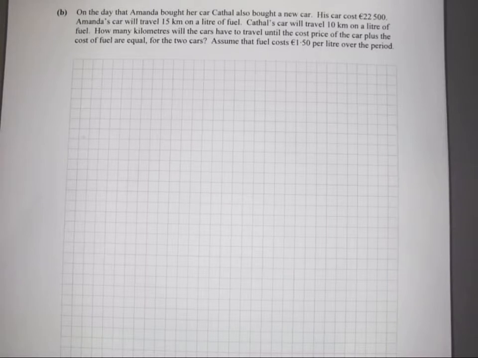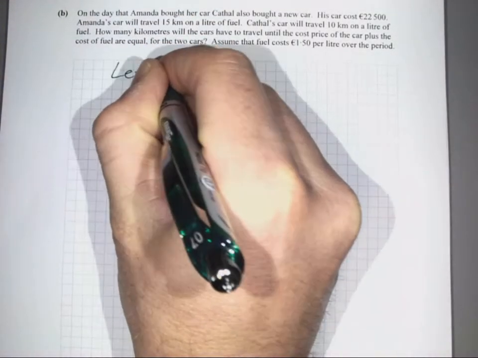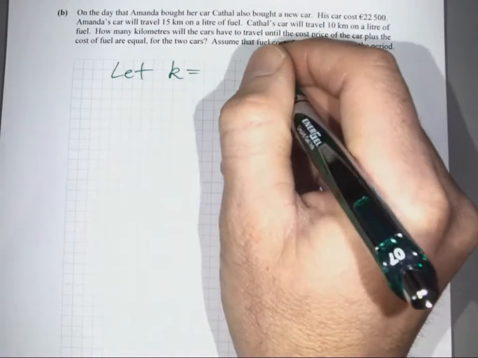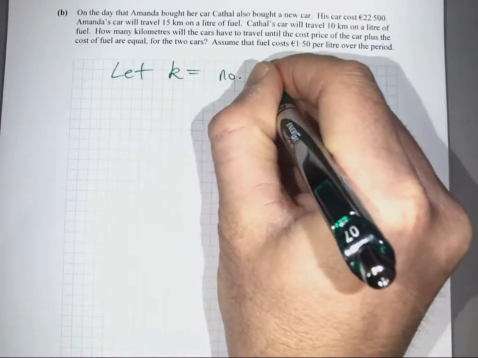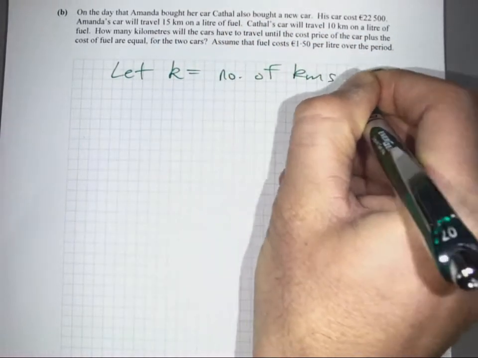So after a certain amount of kilometers, both cars will have travelled the exact same amount of kilometers. And after that amount of kilometers, we'll let k equal the number of kilometers.